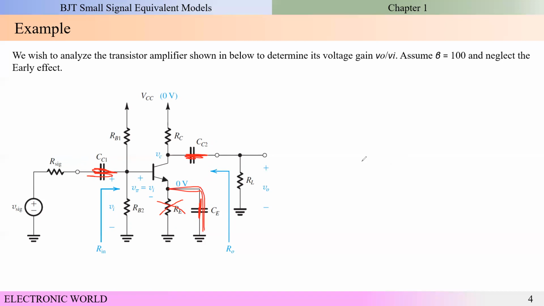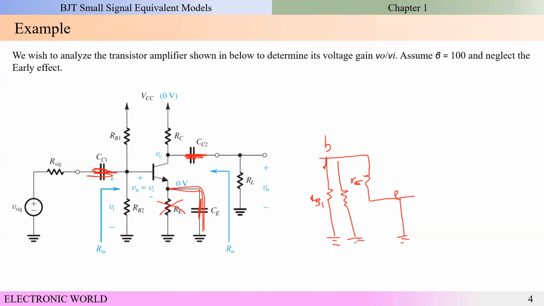Then we can draw the hybrid pi model like this, and this is the ground, and this is the base and emitter. This is the input resistance R5, and there are two resistors. This is actually the RB1, and this is the other resistor.